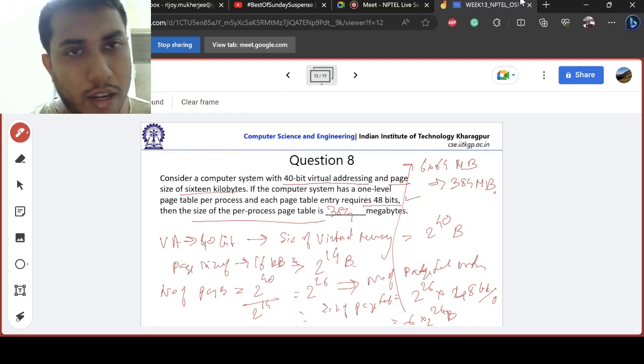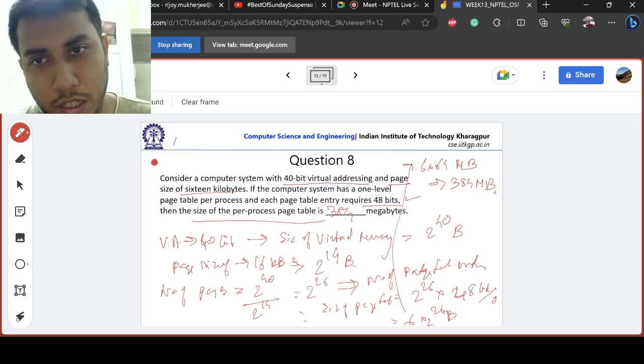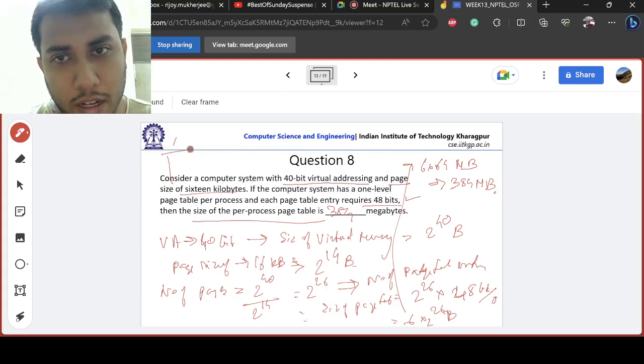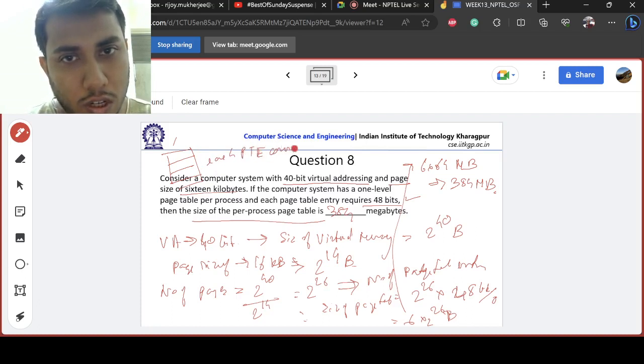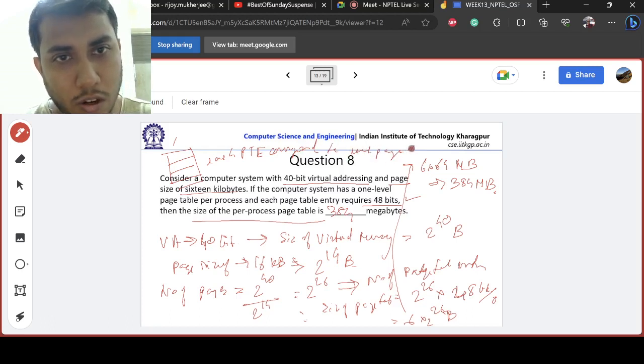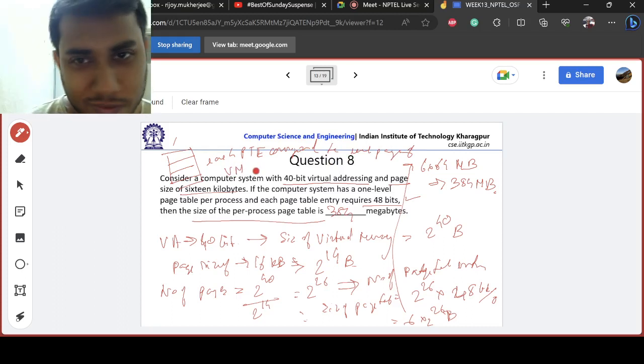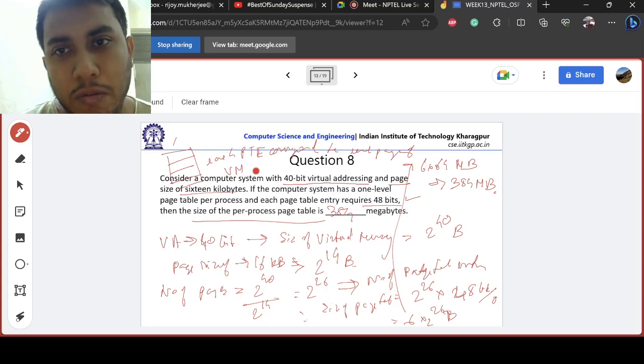So again, it comes from the same logic that you have a page table, and each page table entry corresponds to each page of VM, virtual memory, correct? And now what does each page table entry contain? Each page table entry contains frame numbers, right?